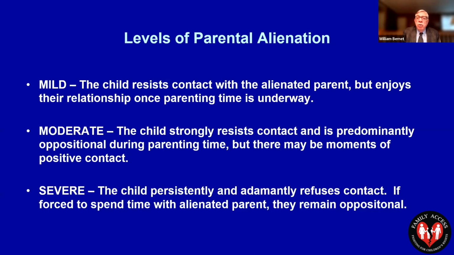She might bring her own food so that she doesn't have to eat dad's food. She'll get on her phone and spend all day long talking on the phone to her mom as a way to avoid a relationship with dad. So those are examples of severe parental alienation. So you have to kind of have a sense of mild, moderate, and severe as we proceed to look at some of these pictures.